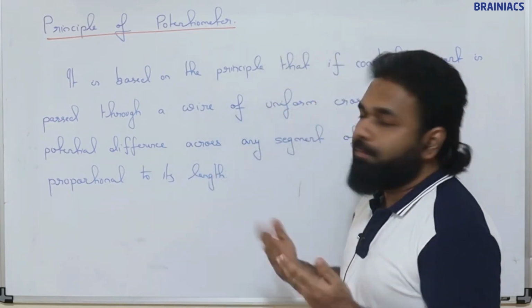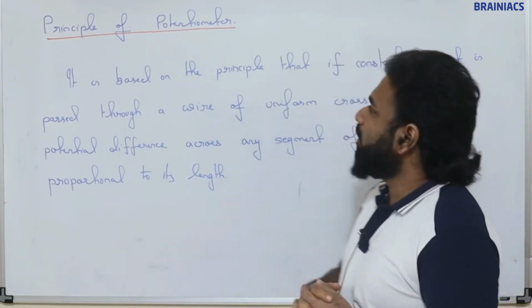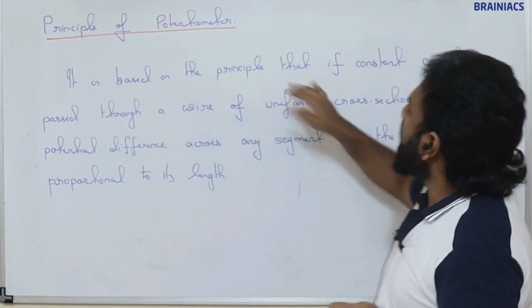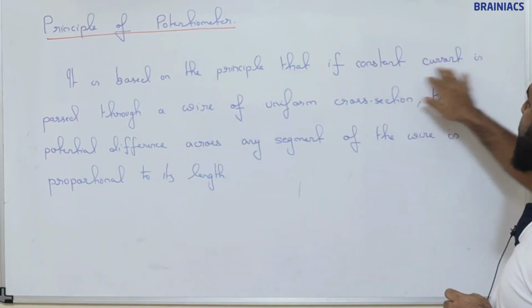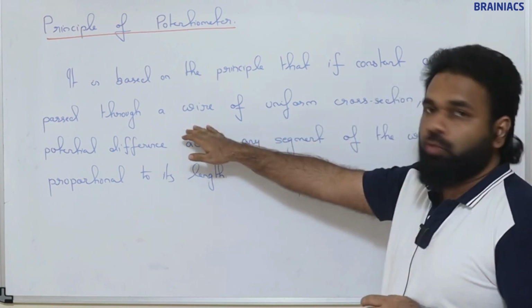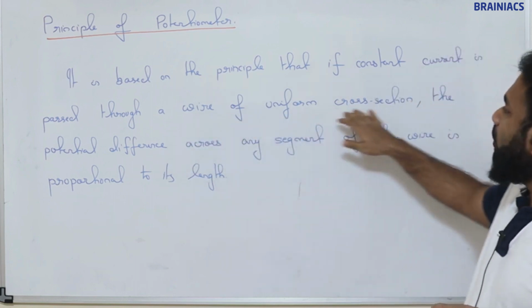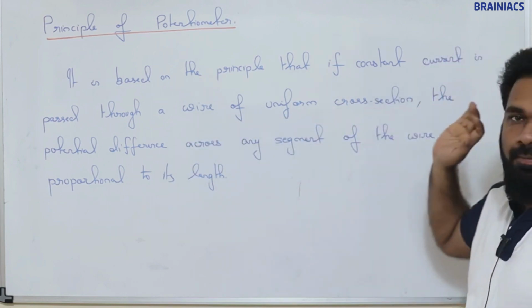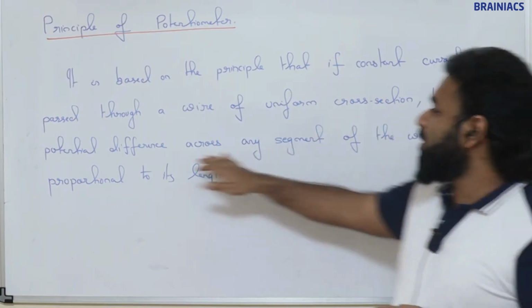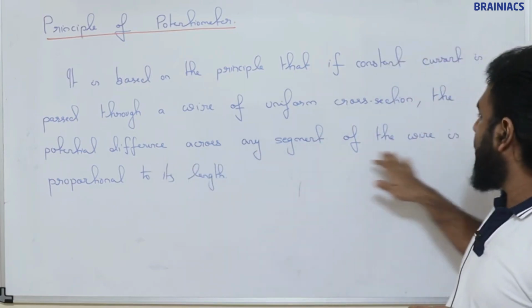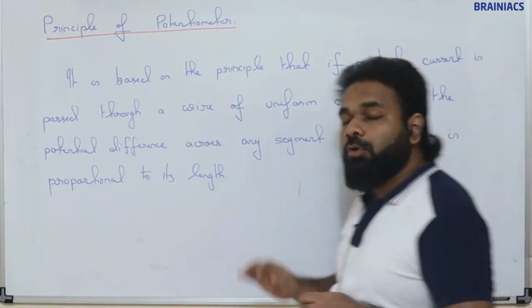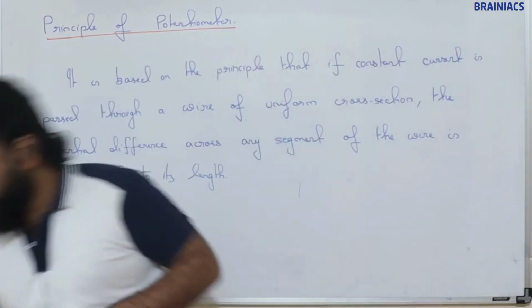The principle of working of potentiometer. It is based on the principle that if a constant current is passed through a wire of uniform cross section, the potential difference across any segment of the wire is proportional to its length.